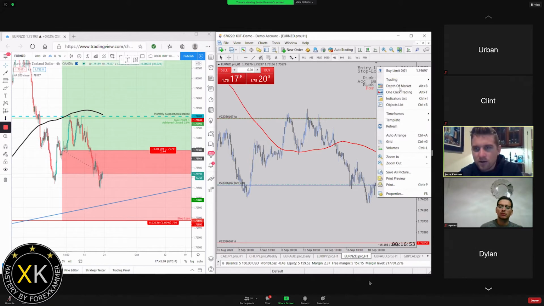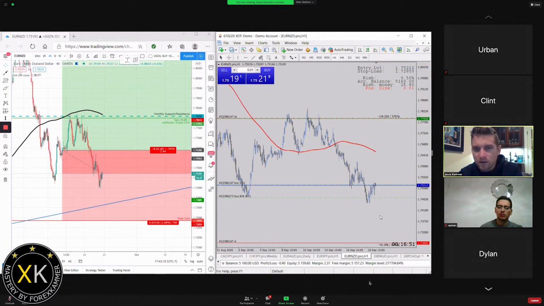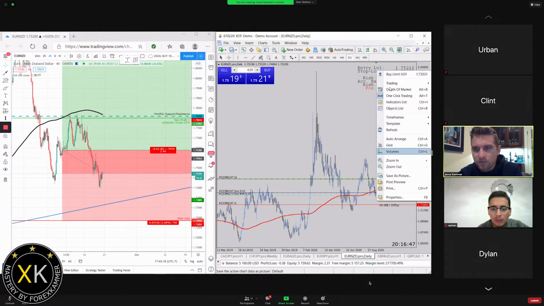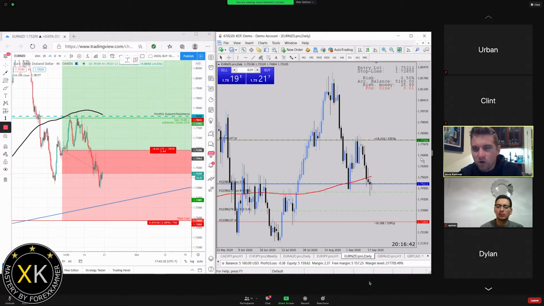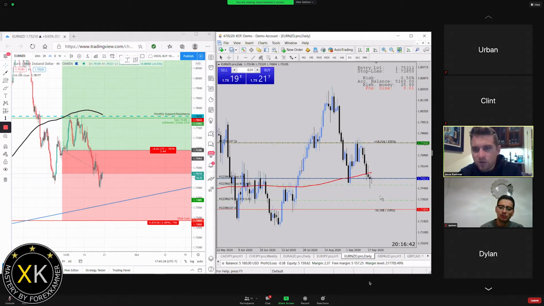So I would have come down here, placed a buy limit, and then looking at the daily time frame, placed a buy limit. That way, if the trend does go against me, I could get a better entry point than that. And I would scatter these out between the stop loss in here. But I'm going to delete these. I don't want to be risking any more on this trade.